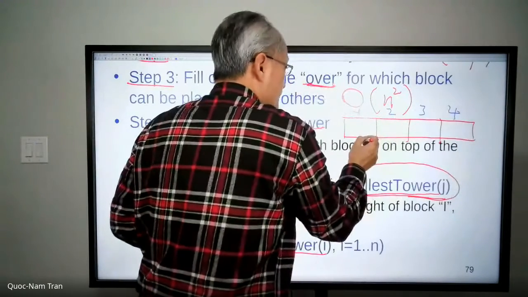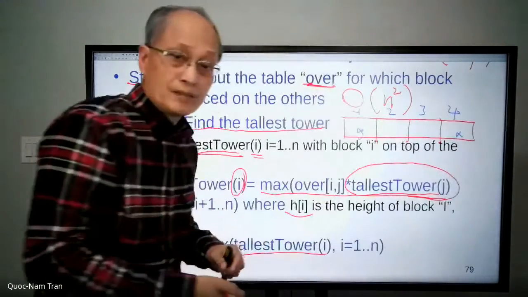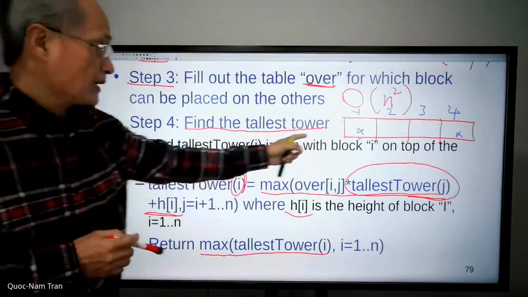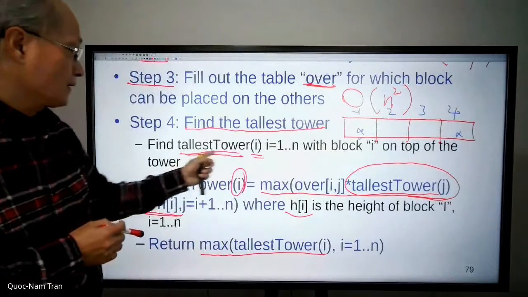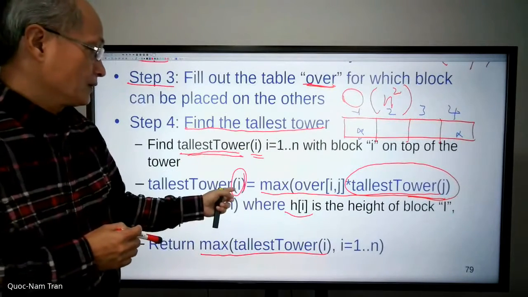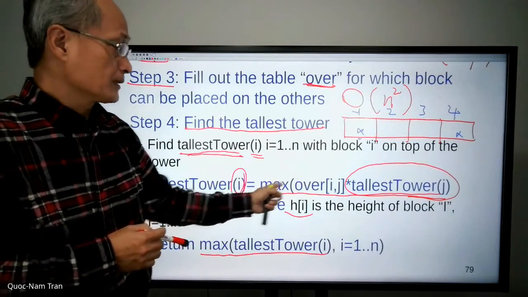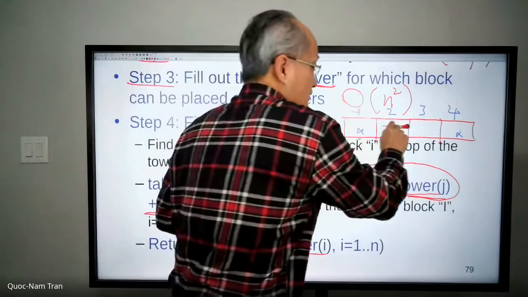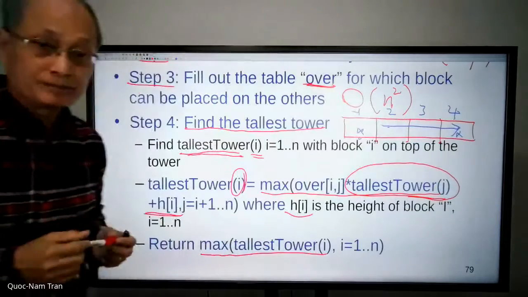So we start from here, or we can start from here, either way. But for the recursive function here, we start from 1, right? And then for tallest tower I, we will check the max value of the tallest tower J, starting from the next one, right?